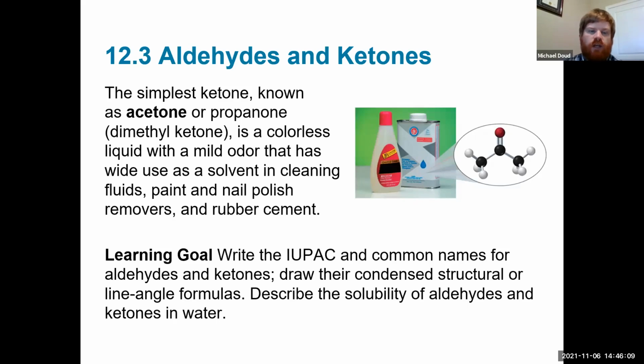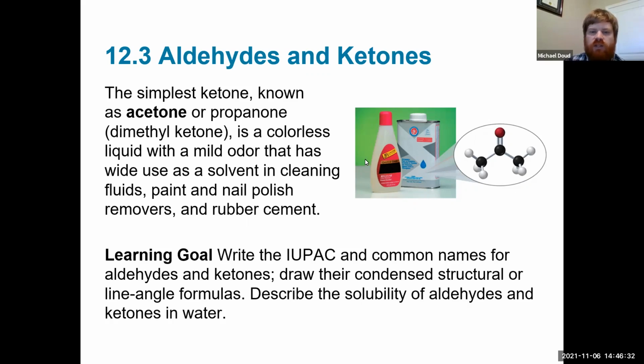Today we are finishing up chapter 12, talking about aldehydes and ketones, and some of the chemical properties of the types of organic compounds that we've been talking about. Starting off, we'll point out the simplest ketone that you probably are familiar with, known as acetone.